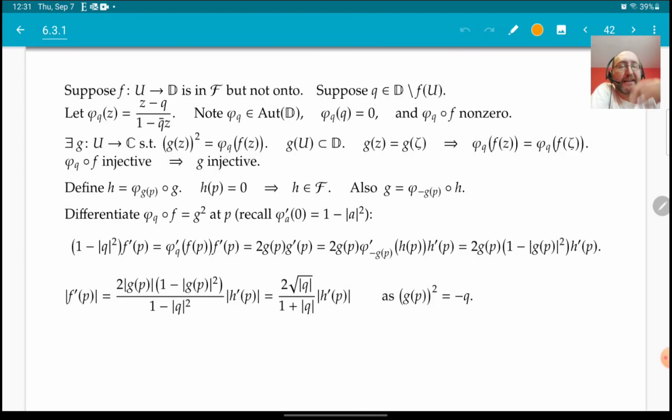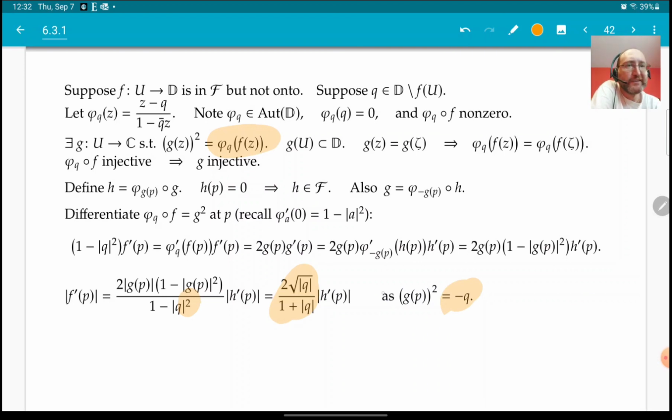Now, you have to be a little careful. Notice this square, and there's no square here, and there's this minus plus. But you basically just work out what this is, and it will again turn out to be just this, because g squared is just this thing. So if I plug in p to g, I get minus q.